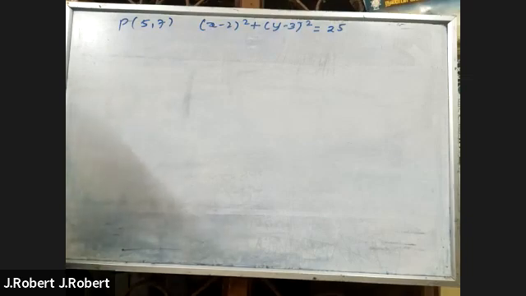At a point P of 5,7 on the circle x minus 2 the whole square plus y minus 3 the whole square is equal to 25, a tangent and normal is drawn.